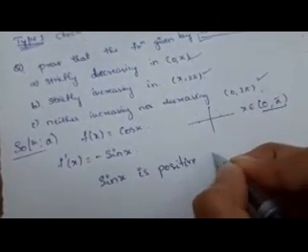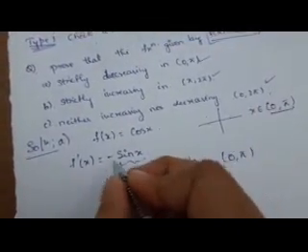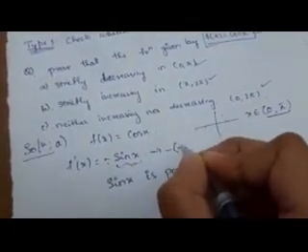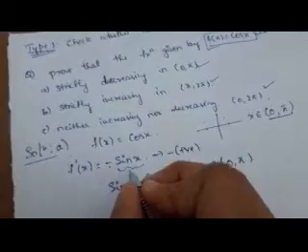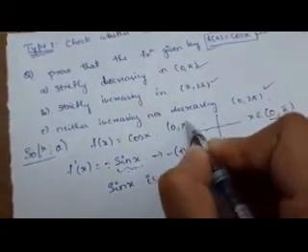It is always positive for any x from 0 to pi. What happens when sine is positive? Minus into positive value. Why is it positive? Because we are talking about the interval 0 to pi here.